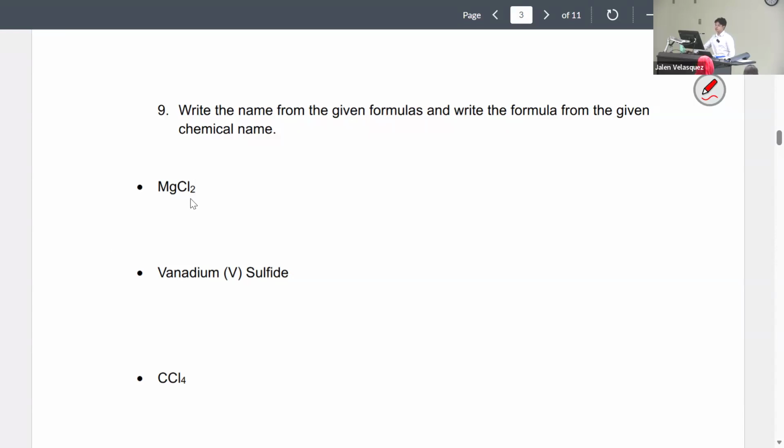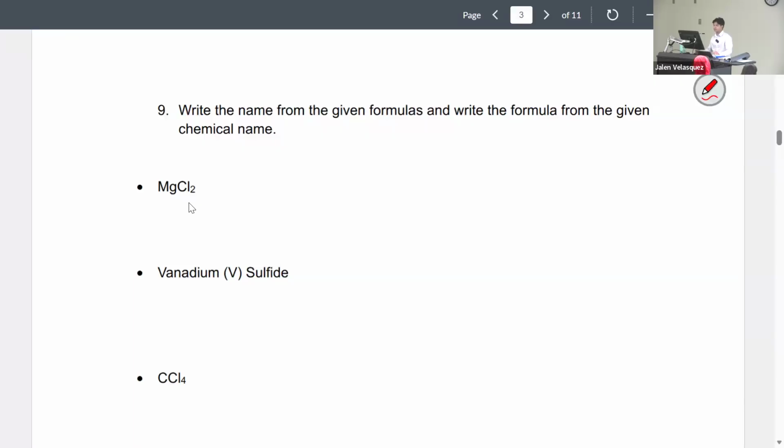So MgCl2, what's this? Good, magnesium chloride. So remember, when you're naming compounds, you need to figure out whether the compound is what? What's the distinction you have to make? Ionic or covalent, right? So remember, ionic is a metal and a nonmetal. Covalent is nonmetals.